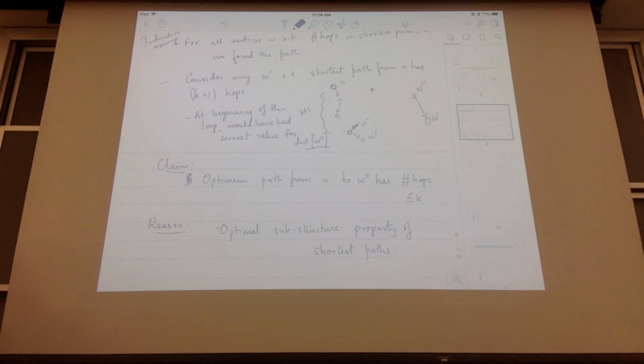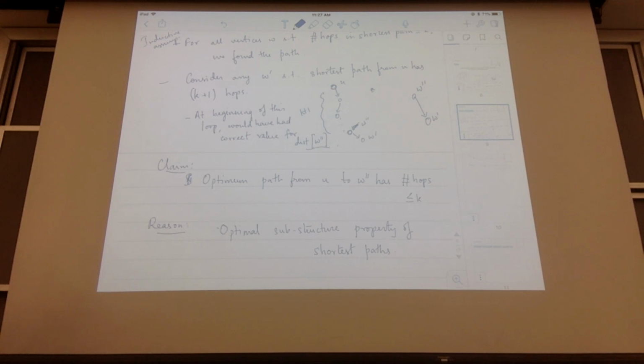We need to check if the node is visited yet. I mean, remember I told you, right? So visited is not a problem anymore because you initialize with infinity. So if you are able to visit it, you would have visited. So you look for other ways to get to W prime.